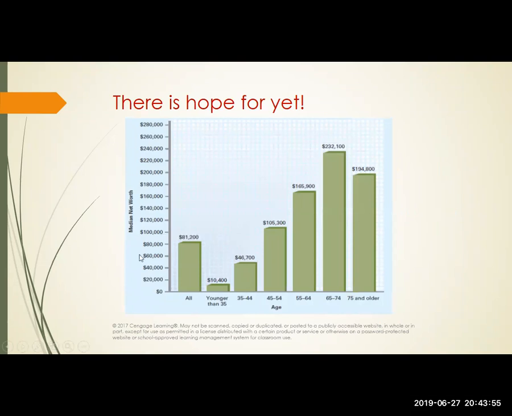Over here on the y-axis is the median net worth, and over here is your age on the x-axis. Obviously your net worth increases over your life. This data, I believe, is from 2015 or 16, and then of course it decreases as you move into retirement.